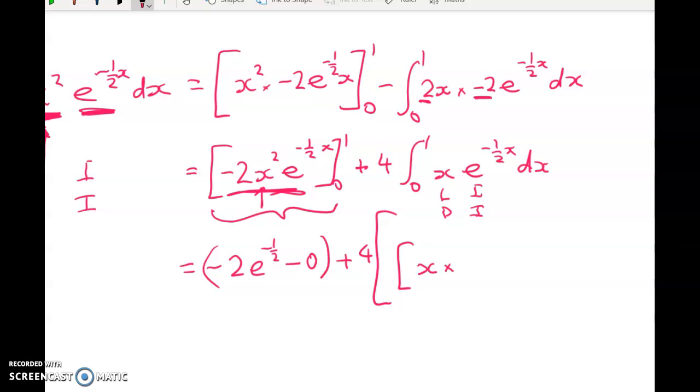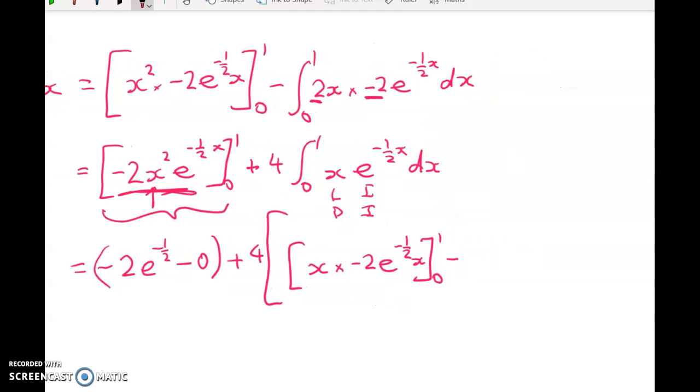X times negative 2 e to the negative a half x between 1 and 0, minus, this differentiates to 1. So that's now just going to be the integral of e to the negative half x.